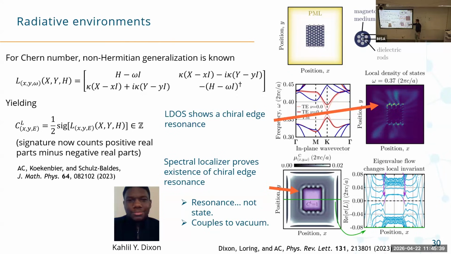And we can see the eigenvalue of the localizer crossing zero, and it's locally changing the signature, and it's responsible for this classification and assigns protection on both sides. We talk about the protection of this chiral edge resonance, both to perturbations inside of our photonic crystal and perturbations in the air in some meaningful way.